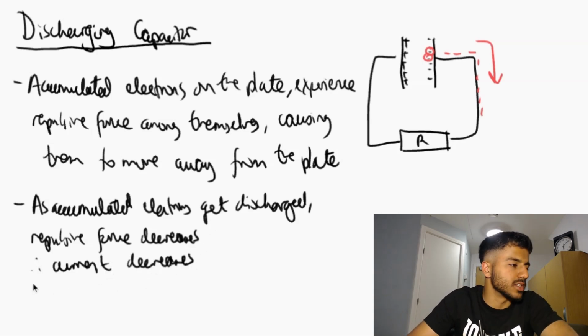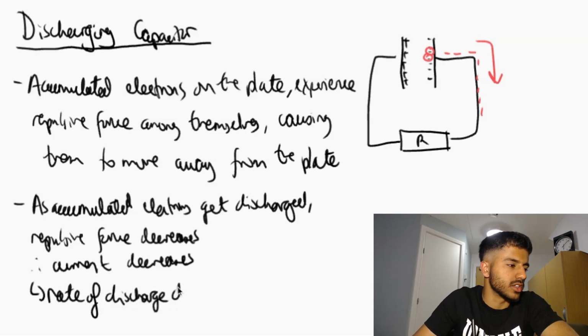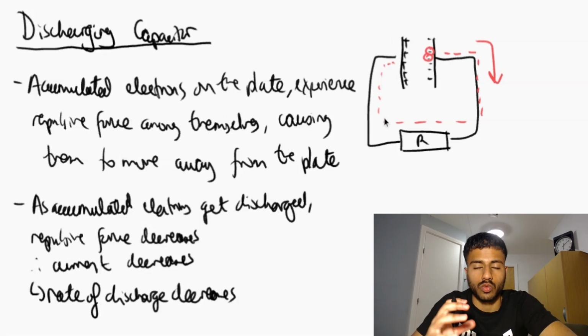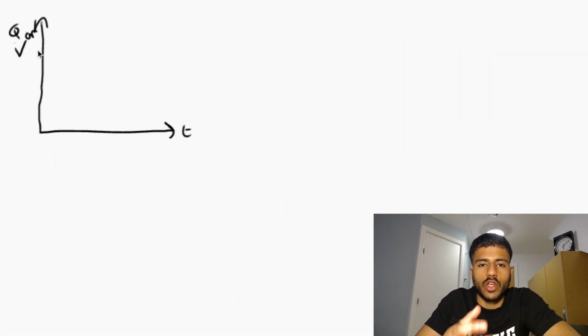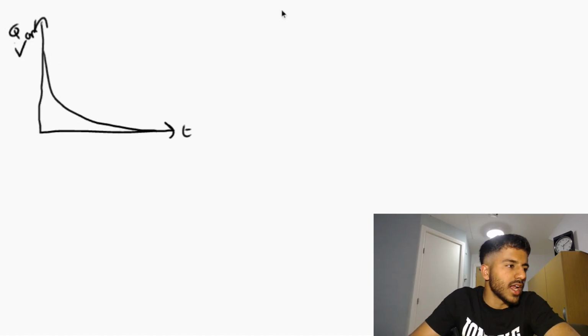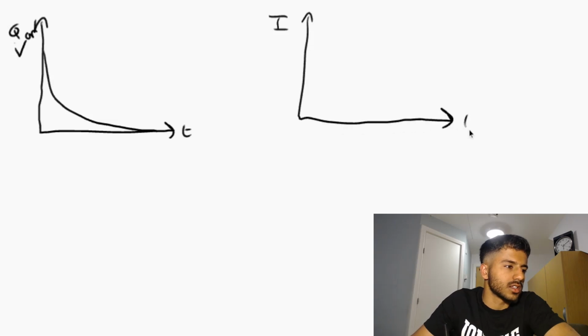And this basically means that the rate of discharge decreases with time. And just as a little note, these electrons do flow around the circuit and accumulate on the other plate, so you will receive a current. So graphically, what you're going to see is, as I said, it can be with either charge or voltage, as you know they are proportional, you're going to see that this decreases with time. And actually for current as well, you'll see the exact same graph.